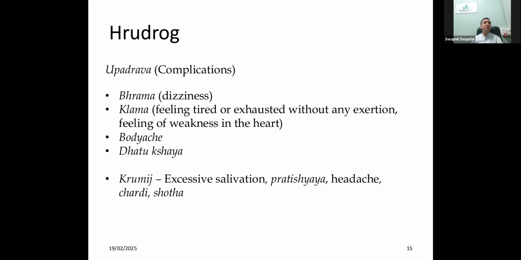Body ache and dhatu kshaya will be the complications. In Krumija Rudrog, excessive salivation, pratishyay, headache, chardi, and shotha will be the complications.